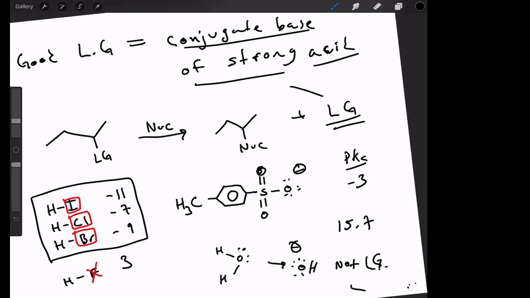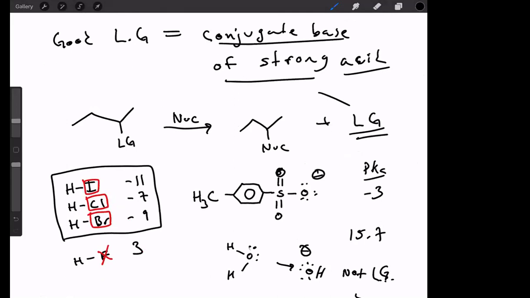I have to turn it into a positively charged water group so that it is water that's leaving instead of hydroxide. And ultimately, that's going to be a pretty common theme when it comes to substitution and elimination reactions.